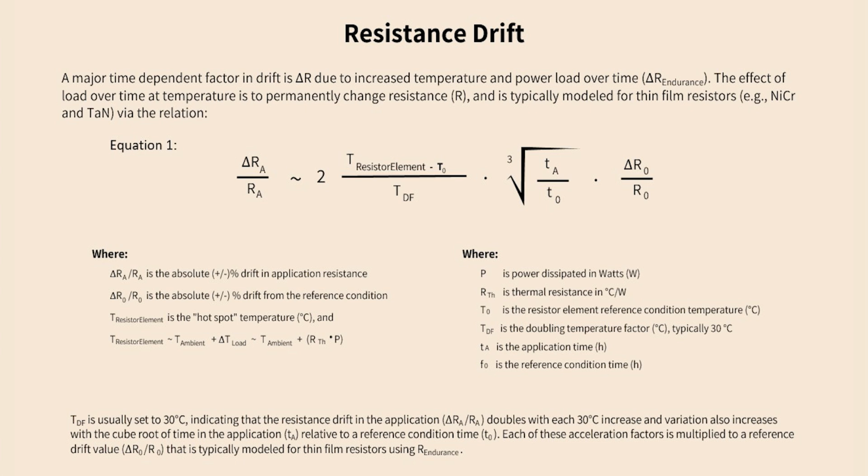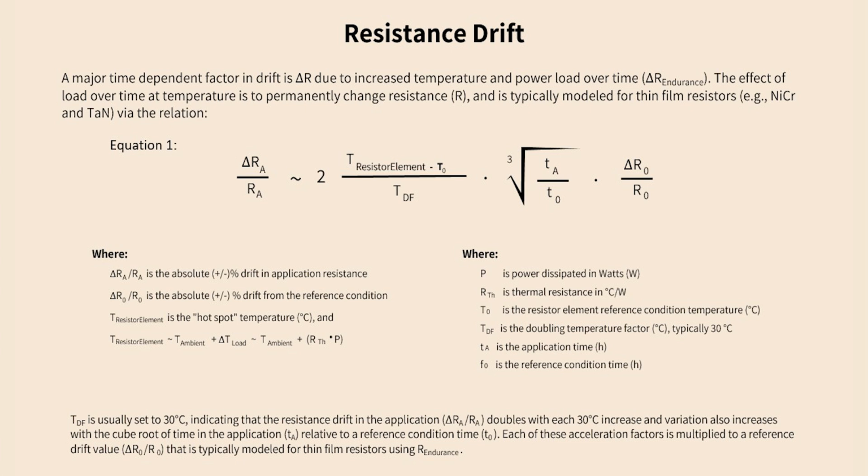The equation provided models this drift by incorporating several variables, including temperature, stress, time, and power dissipation. The critical factor here is the doubling temperature factor, T of dF, which relates the exponential nature of drift. Resistance drift doubles with every 30 degrees C increase in hotspot temperature.